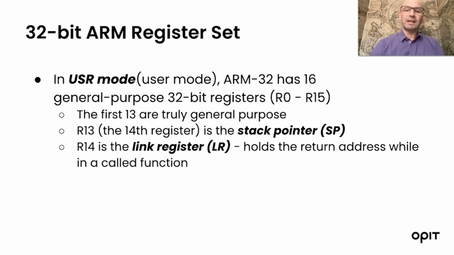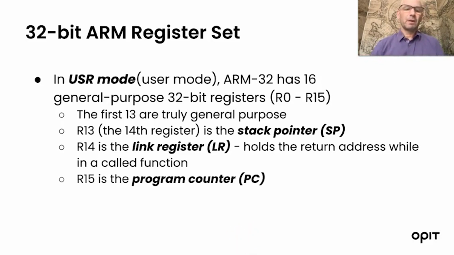R14 is the link register, which holds the return address while in a called function. So when we execute a function call, we have somewhere to come back to, with the link register. And R15, the final register, is our program counter. Those are the registers that have a little more specialization; the others are just general purpose.